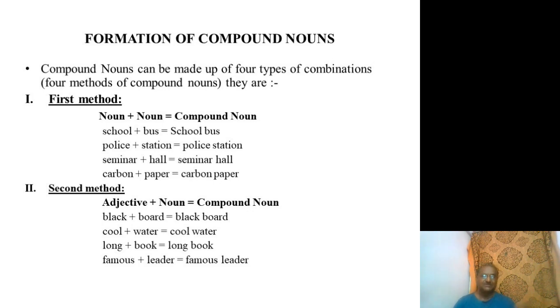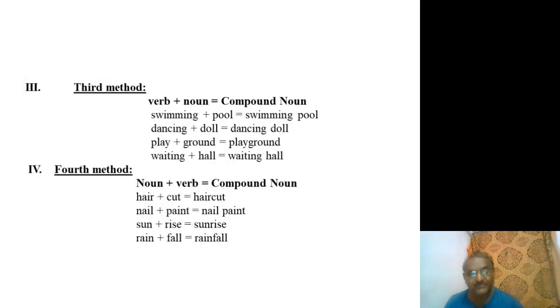First method, noun plus noun is called compound noun. Now the third method: verb plus noun. Verb plus noun is called compound noun. Swimming plus pool, swimming pool. Dancing plus doll, dancing doll. Play plus ground, playground.